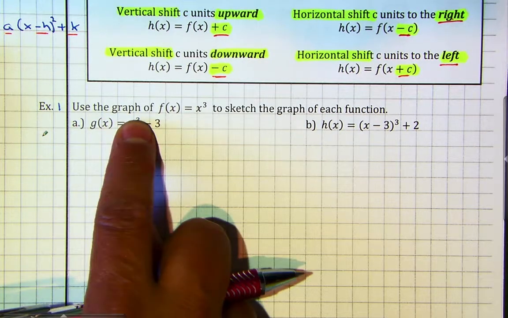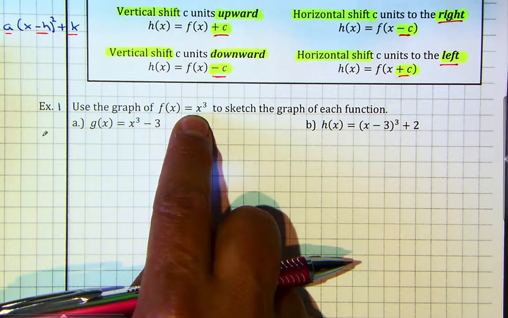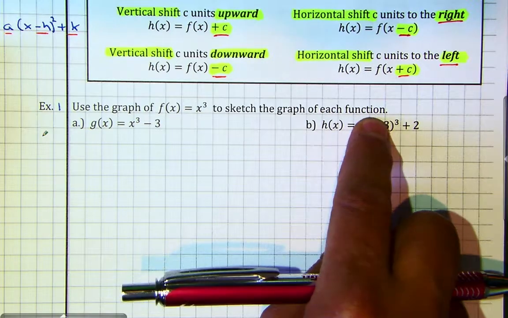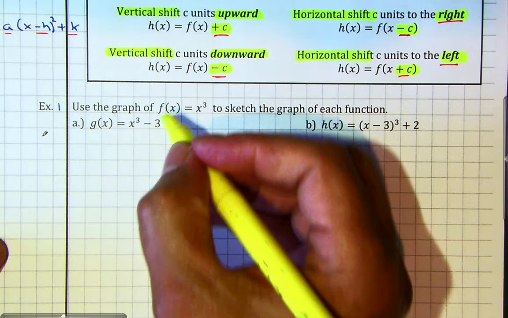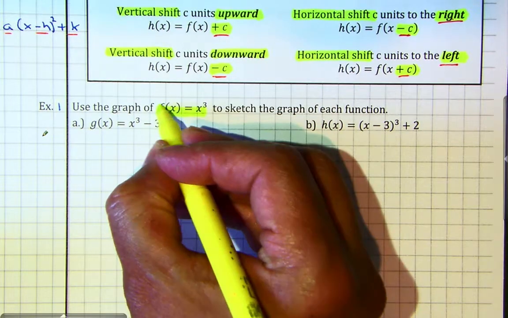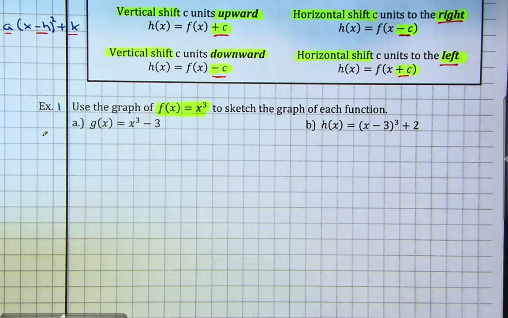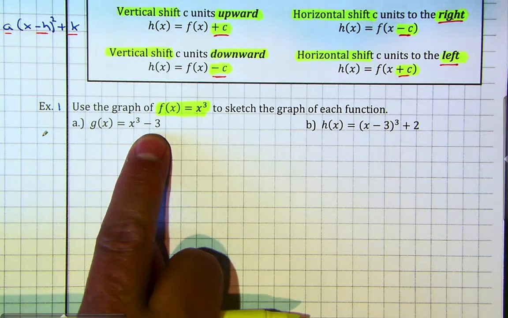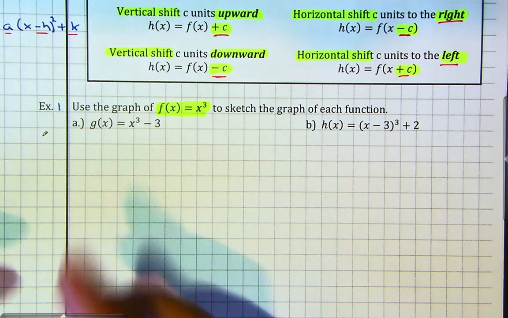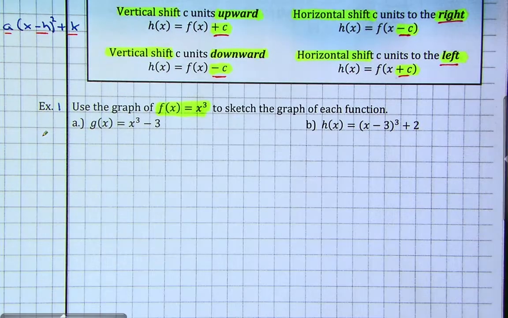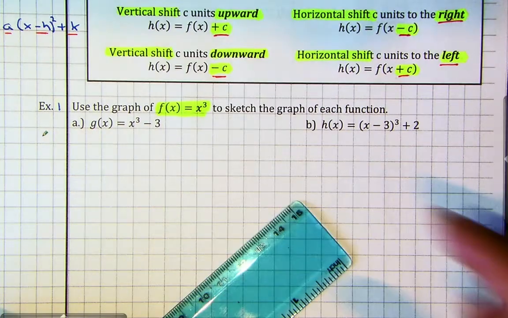Use the graph of f of x equals x to the third power to sketch the graph of each function. So they give you your parent graph, which is the basic graph of x to the third, and they want you to graph x to the third minus 3. So let's create a 5 by 5 graph. Make sure that you guys are using a ruler.